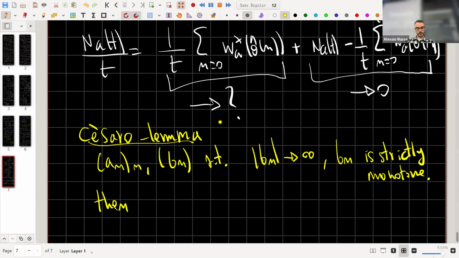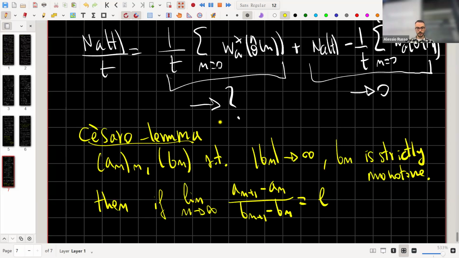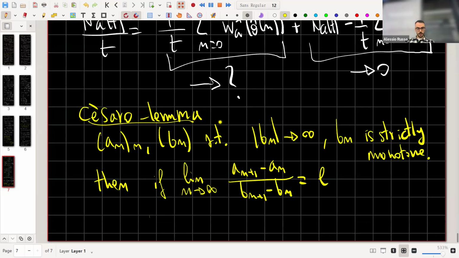Then, if the limit of the ratios between an plus 1 minus an and bn plus 1 minus bn converges to some quantity L, then we also have that the limit for n that goes to infinity of an divided by bn is equal to L.